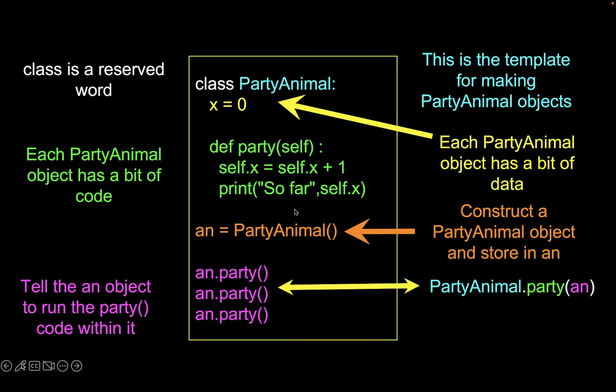Now, what's this code down here? Well, it's not part of the class. As you can see, it's not indented under the class. This is code that's going to use the class. Now, would we normally have them in the same file? No, we typically wouldn't. One of the reasons that we use classes is we want to share them among programs.